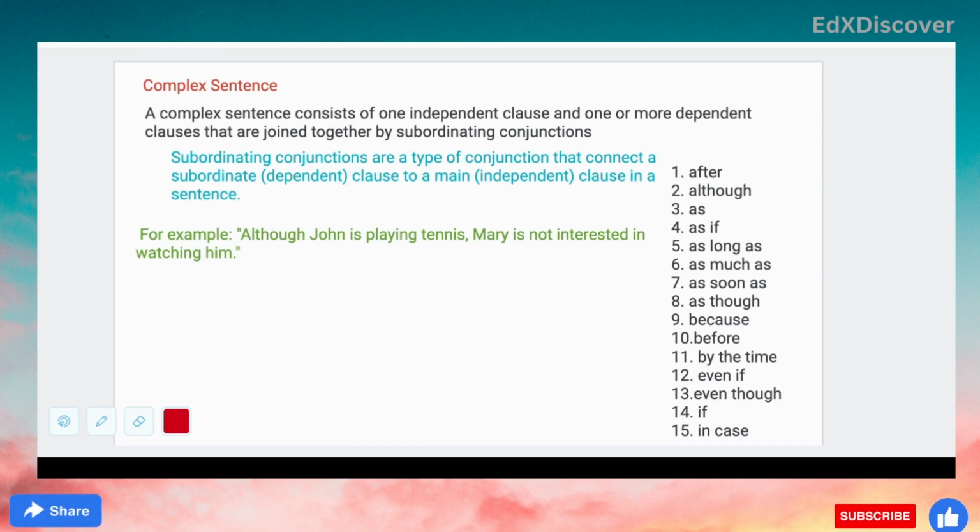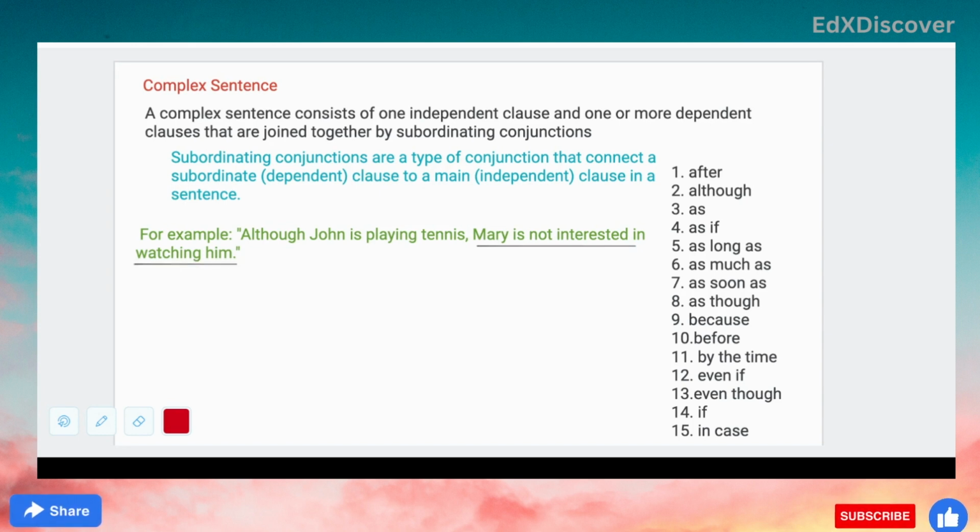So this sentence contains one independent clause, which is "Mary is not interested in watching him." It gives a complete sentence as well as a complete thought.